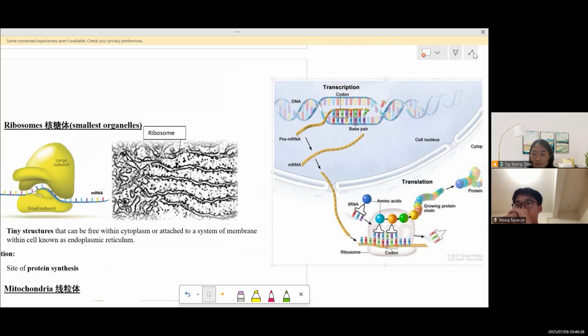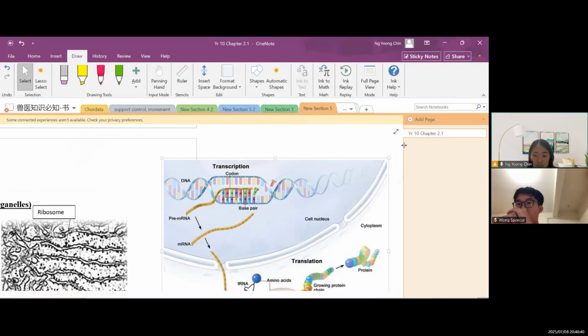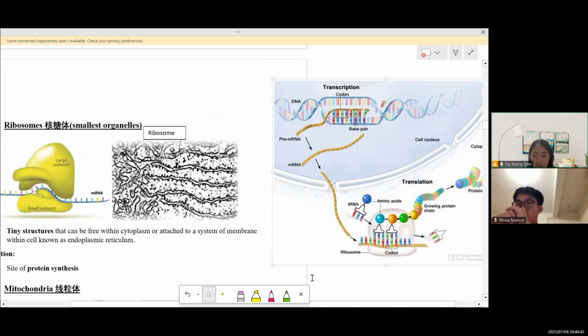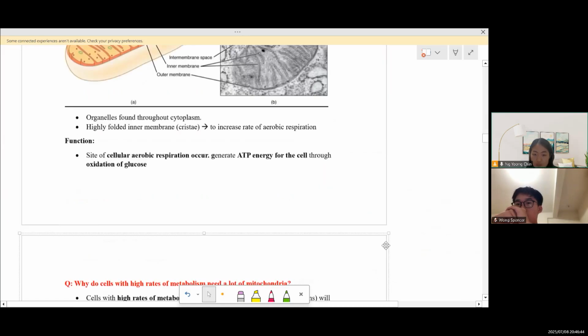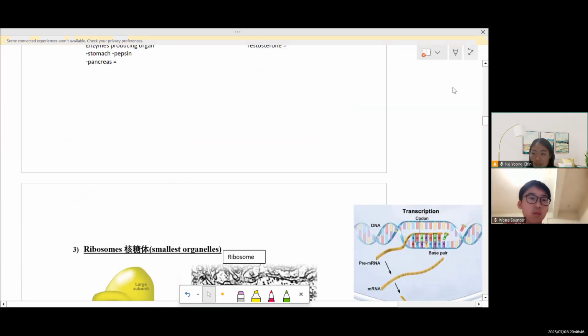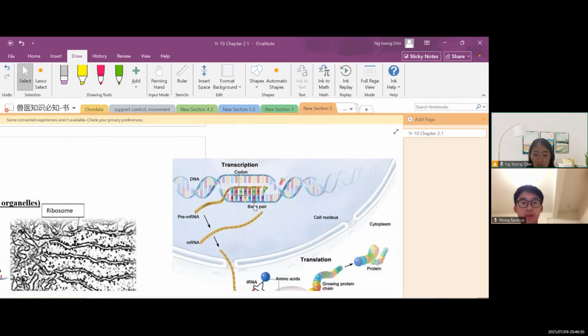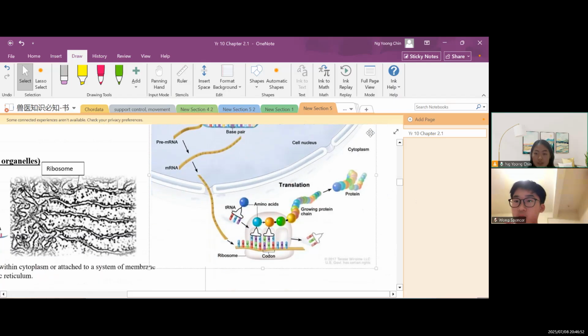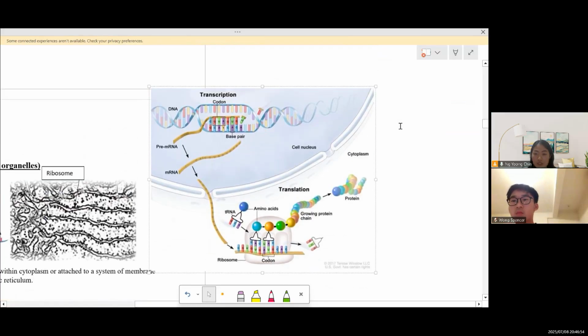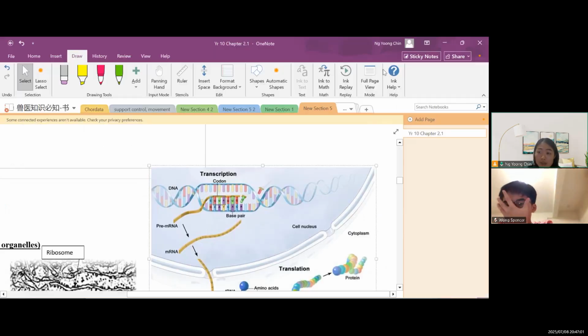What does this picture show? It shows how our cell is able to produce a protein. Remember that the cell needs to do its functions.